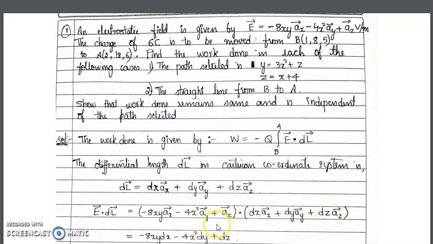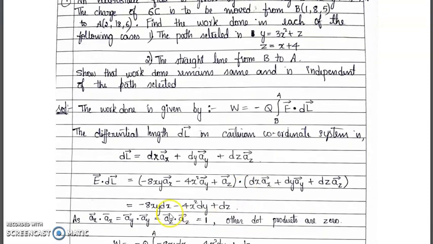Now taking the dot product, ax dot ax will be 1, ax dot ay will be 0, similarly ax dot az will be 0. Similarly ay dot ay is 1, ay dot other components is 0. Similarly az dot az will be 1, az dot other components will be 0. Simplifying this, you will get E dot dl equal to minus 8xy dx minus 4x square dy plus dz.